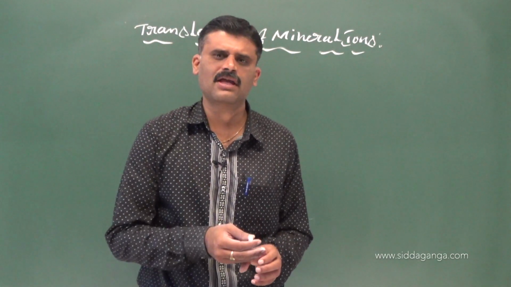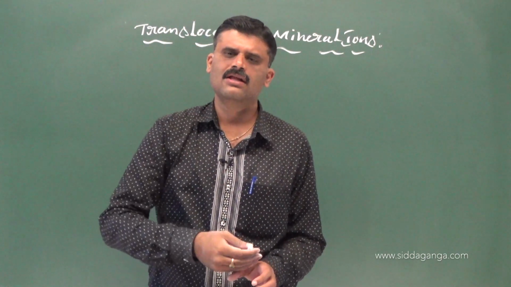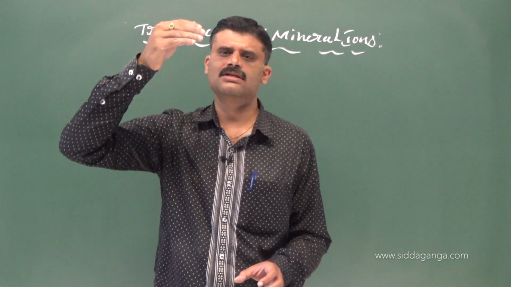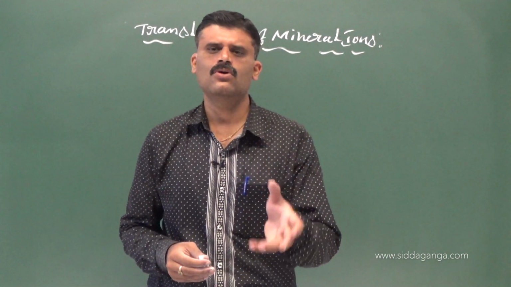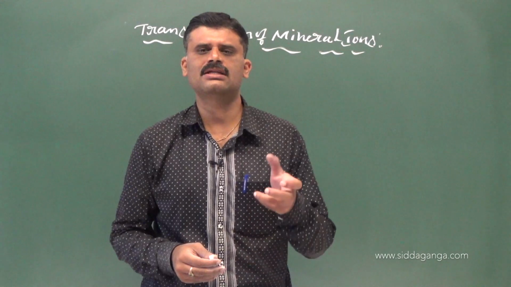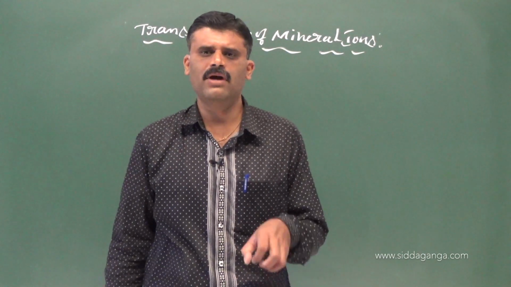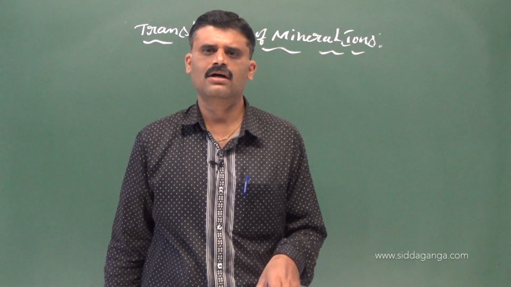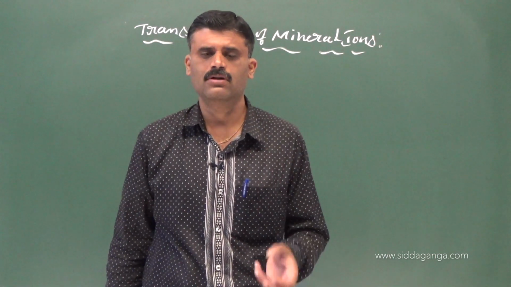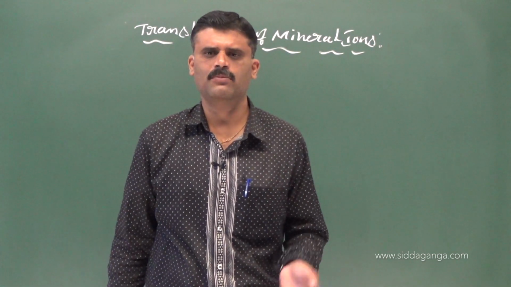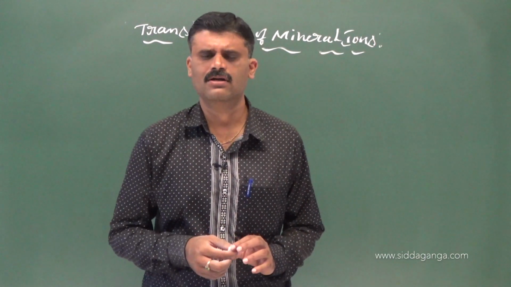Then from xylem cavity, the upward conduction of minerals occurs by a process similar to water translocation, that is by nothing but the process of transpiration pull. By the process of transpiration pull, the water and minerals inside the xylem are pulled and they are spread to all parts of the plant body.